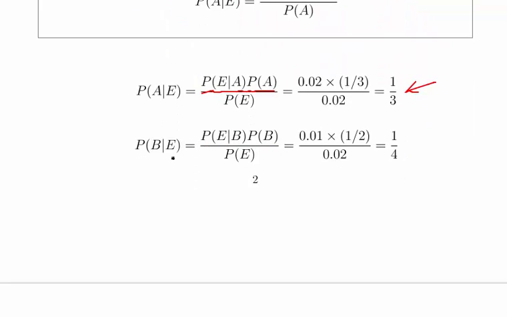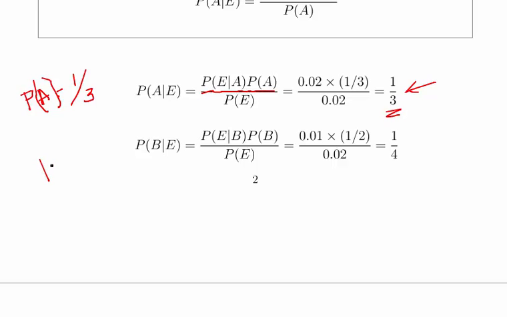Probability of B given E, that means the probability that a winner is from newspaper B, given that they've entered, is the probability of E given B times the probability of B over the probability of E. So this is 0.01 times 1/2 divided by 0.02. Remember, 1/3 of our readership is from newspaper A, so it's just coincidental that this number is the same.